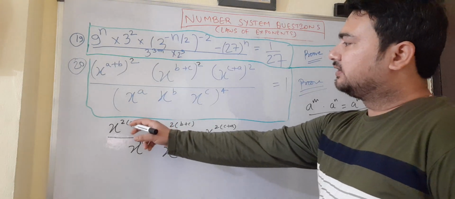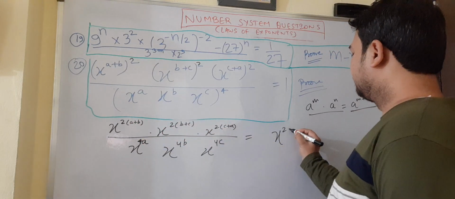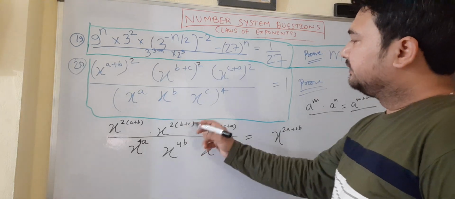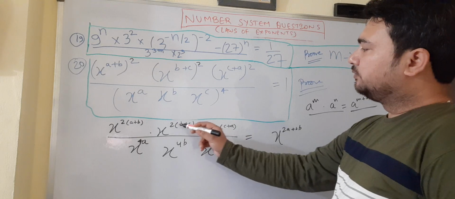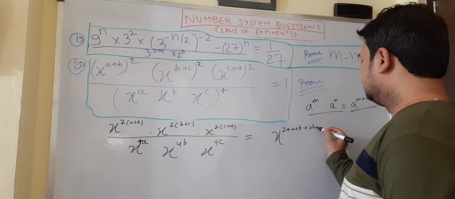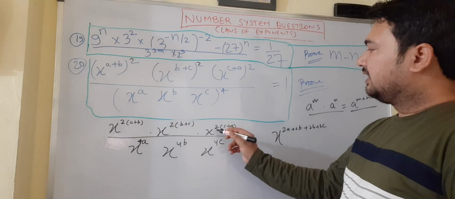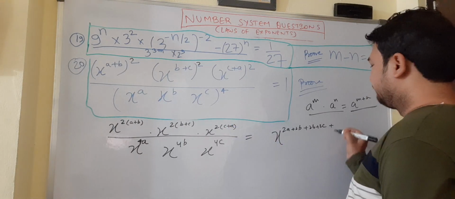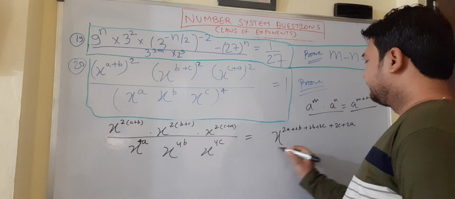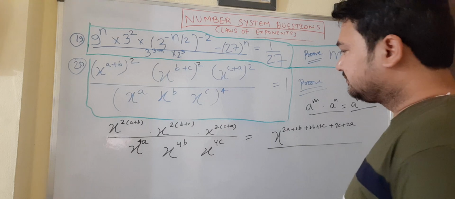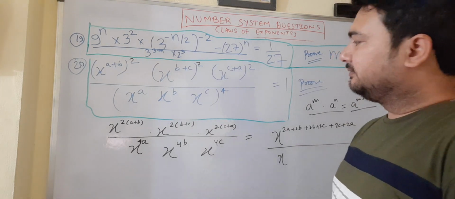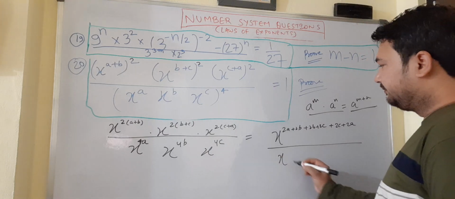2 into a plus b, 2a plus 2b. This will add up, adding 2b plus 2c. Again similarly, we get 2c plus 2a, divided by. Here also the base is the same, so the powers will add up.